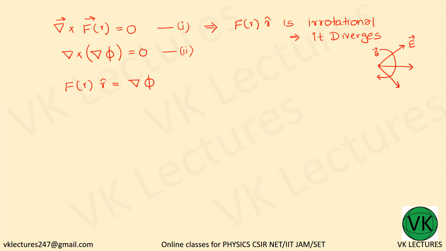If you curl around, that is magnetic field. So this is an example of electric field which diverges. So f of r can be taken as an electric field. So it is irrotational. That means it diverges. It does not curl. Curl means winding up.